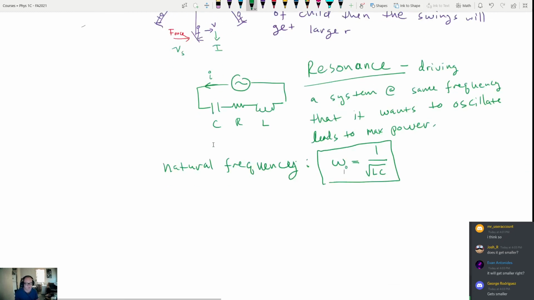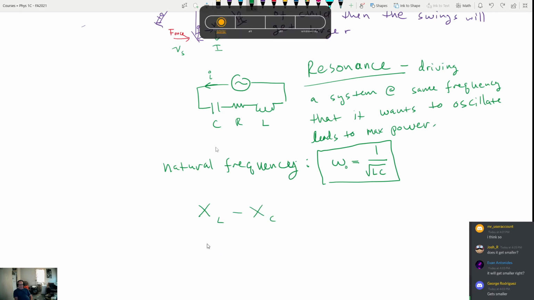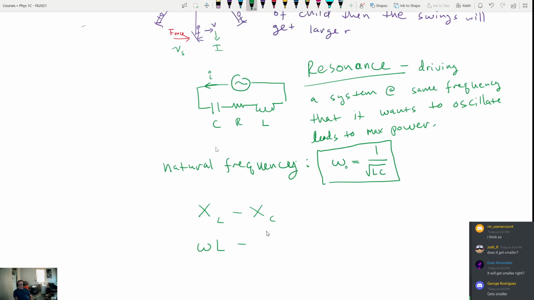So let's look at what happens, for example, to XL and XC, if omega is equal to this quantity. Let's look at what happens to XL minus XC. XL minus XC is omega times L minus 1 over omega times C. If I plug this in for my value, is this going to work out?